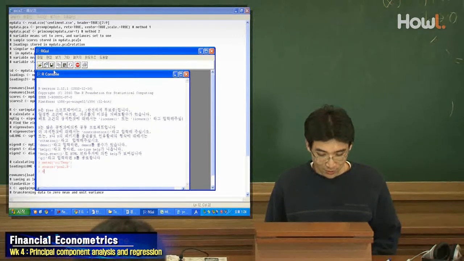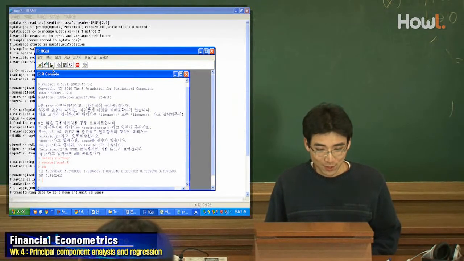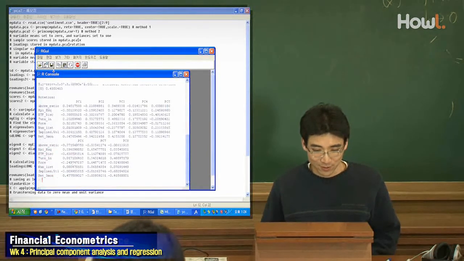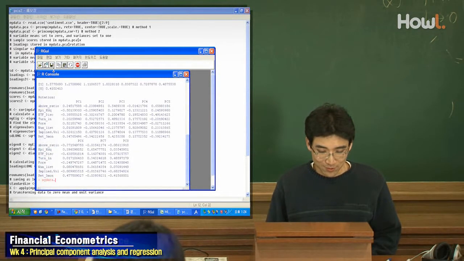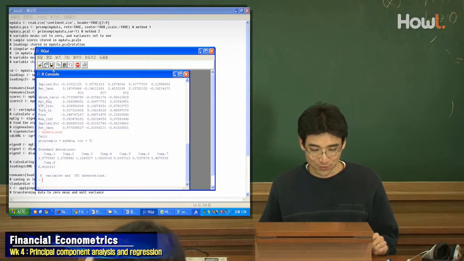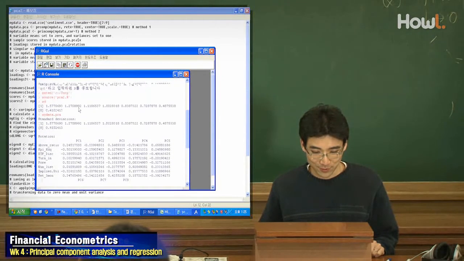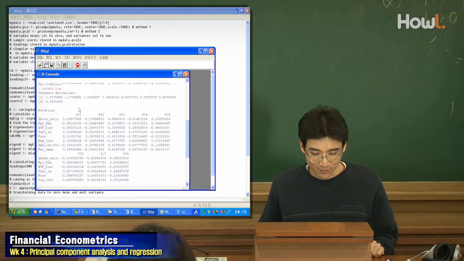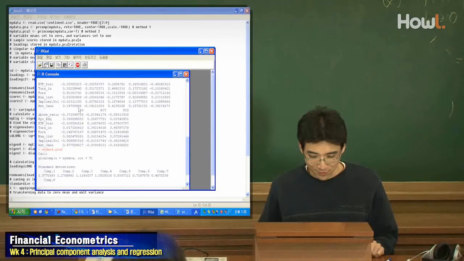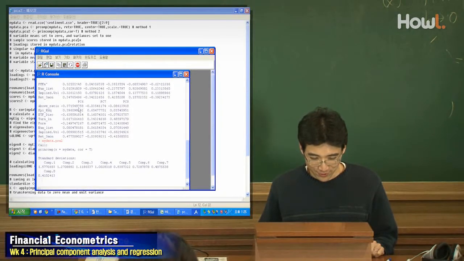So SD looks like this, and my data PCA looks like this, and my data PCA2 looks like this. Okay, standard deviation and so on. So as you can see, the eigenvalue is slightly, oh, they are same now.